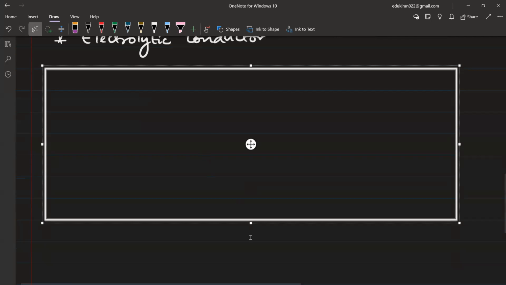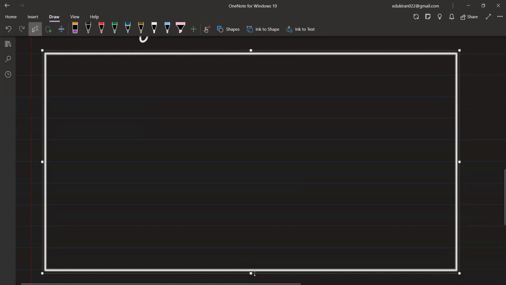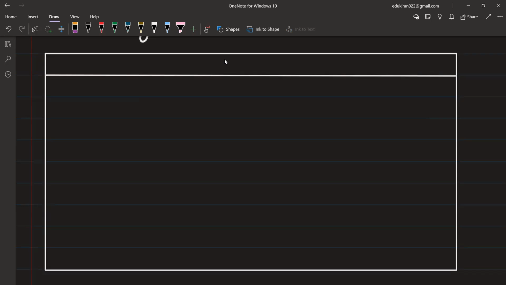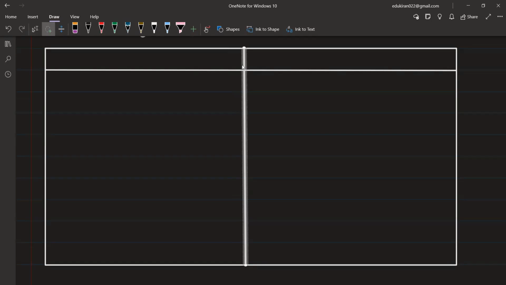A few of the things you must be knowing, and a few of the things you may not be knowing about the differences. So point everything out. This is the middle.